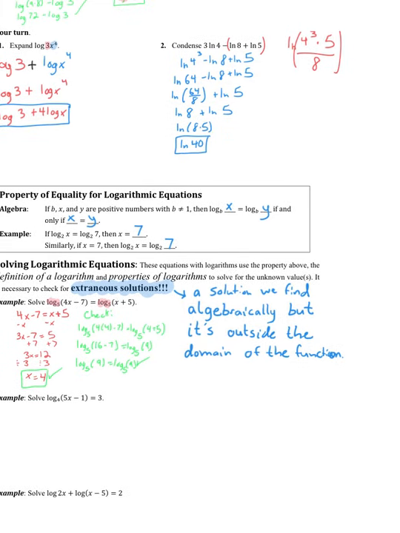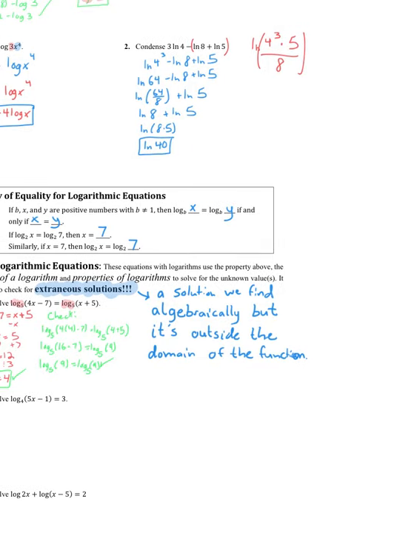A good example, or just a quick example, I'm just going to make up some numbers here. But if we have a parent function like y equals log base 2 of x, we know the domain of that parent function is going to be 0 to infinity. So that's the domain of the function, 0 to infinity.